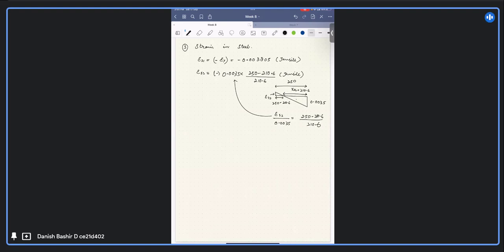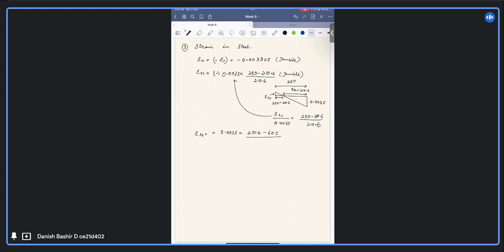Similarly, you have to calculate the epsilon S3. Epsilon S3 is the compressive strain. Epsilon S3 will be equal to, same theory you have to apply for the similar triangle, plus 0.0035 times (210.6 minus 60.5). 60.5 is the clear cover.